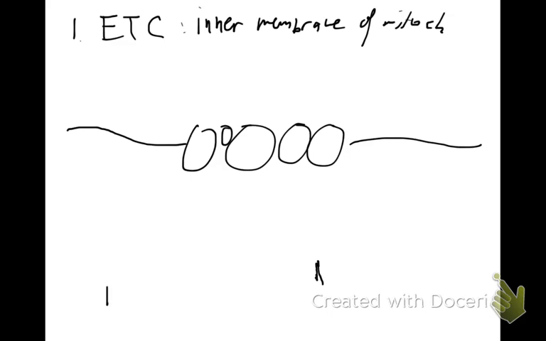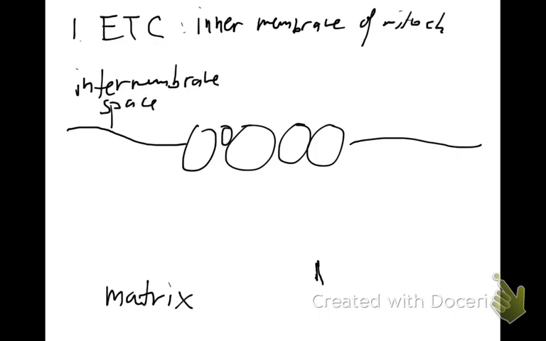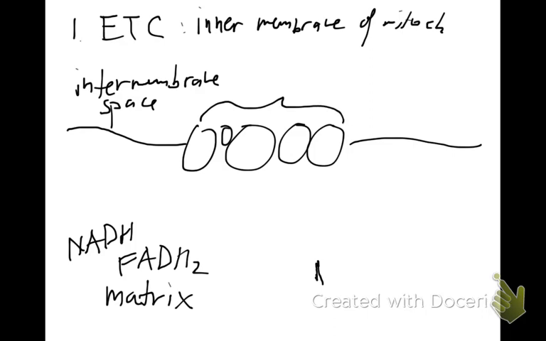Just for perspective, this is the mitochondrial matrix, the inner compartment where the Krebs cycle just happened, and this right here is the intermembrane space. We've just created all these NADHs and FADH2s, and they are going to give their electrons to this series of proteins, which is the electron transport chain.